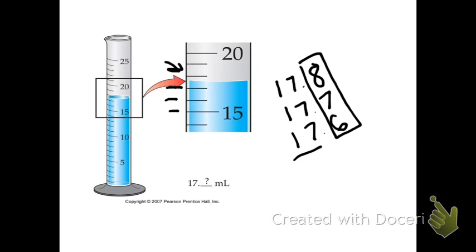So in this particular instance, with this measurement, we can only have 3 significant figures that can be reported in my answer. Our 2 certain digits, the 1 and the 7, and our 1 estimated digit.